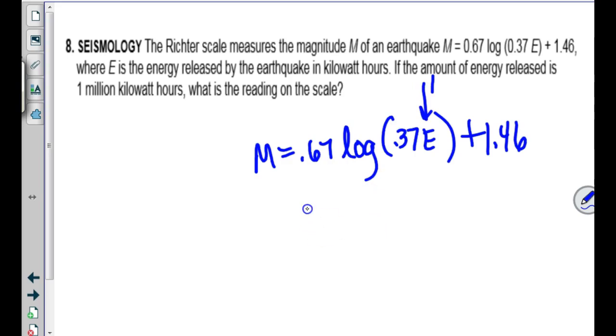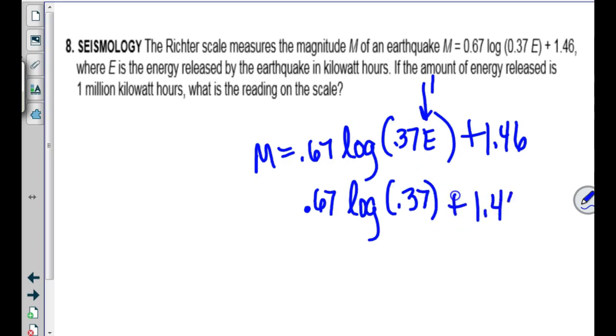So this is just a typing question. Can you type this? 0.67 log, the LOG button on your calculator, base 10, of 0.37 times 1 is just 0.37, plus 1.46. What's the scale? 1. And it's just the magnitude.